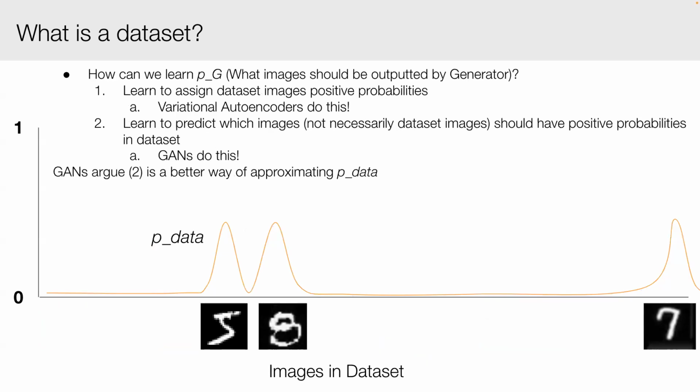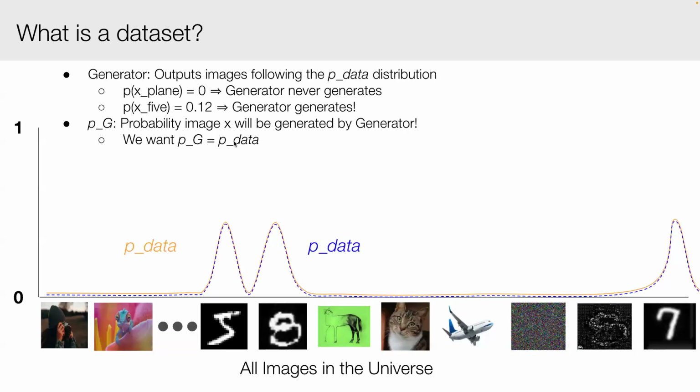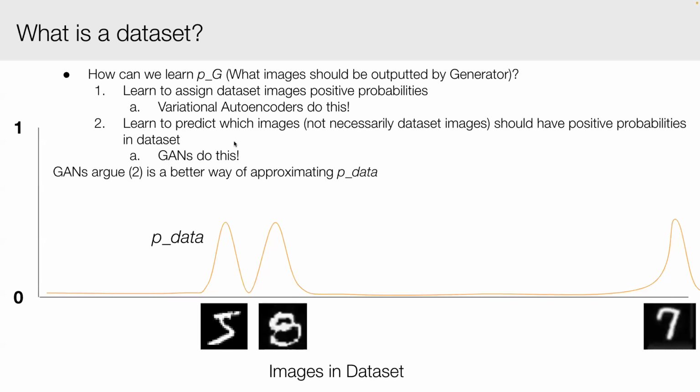Again, we want P of G, the probability distribution of a generator, to match P data. There are two ways we could go about having P of G match P data. The first way is directly trying to learn the P data distribution.